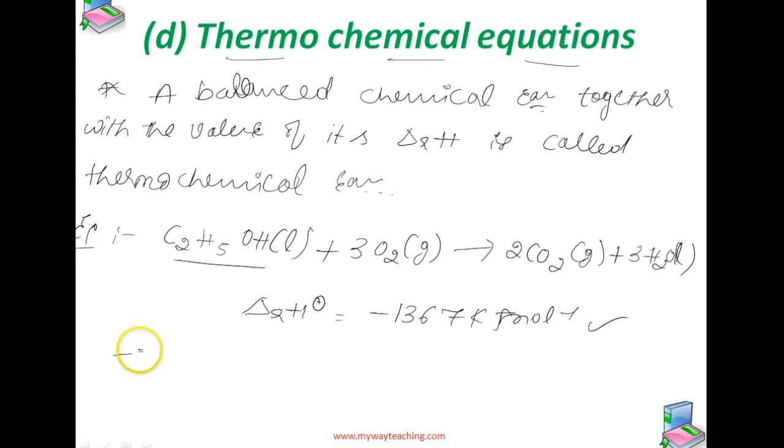Here the negative sign indicates this is an exothermic reaction. It would be necessary to remember the following conventions regarding thermochemical equations.